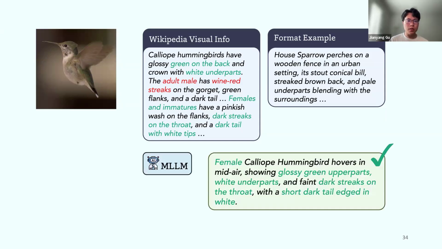Then we input this knowledge into the multimodal large language models, and it can produce much more faithful captions. I won't say 100% accurate, but much more accurate than without this context information. Then we train a new model called BioCap with the images, the species labels and these captions.